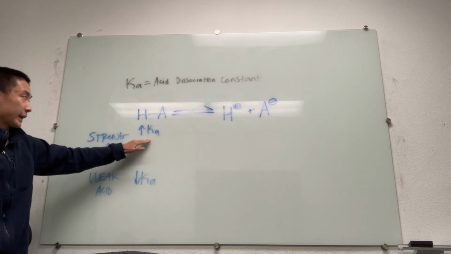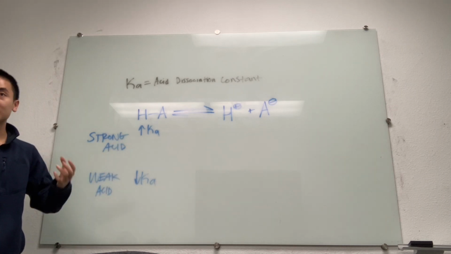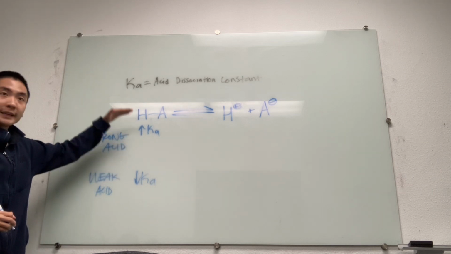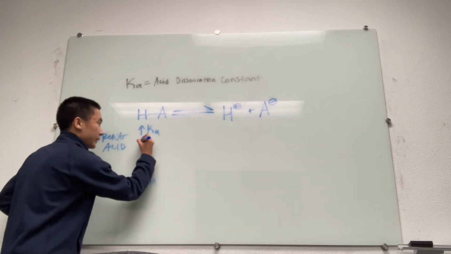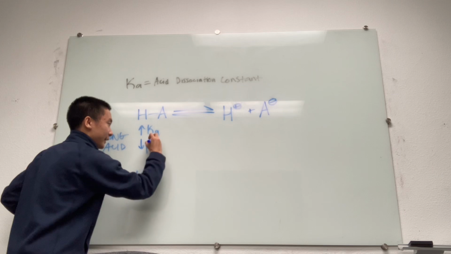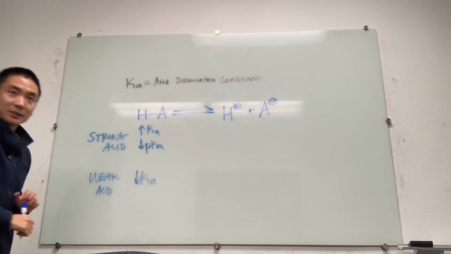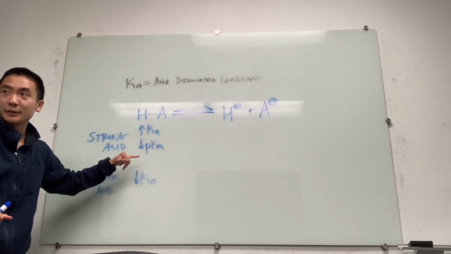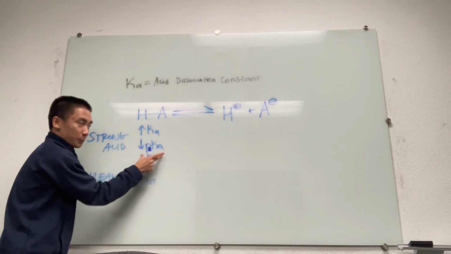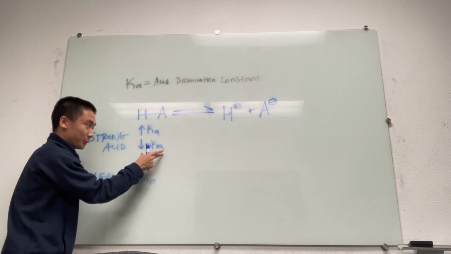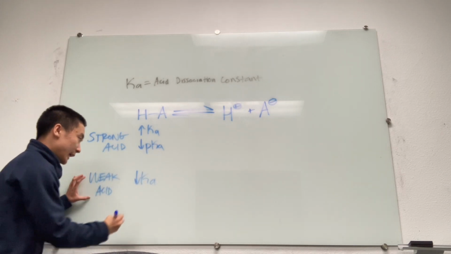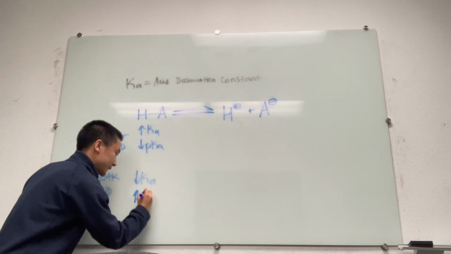When we convert this Ka into pKa, it's like a logarithmic scale. They're going to be inversely related. So a high Ka is going to represent a low pKa value. Right? So the more acidic a molecule is, the lower pKa it will have. This is probably going to be the more important, more common value we look at. So the weaker the acid is, the higher the pKa is.